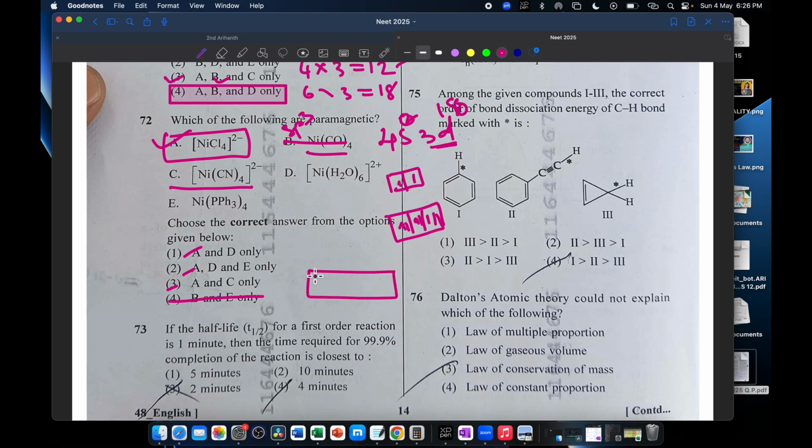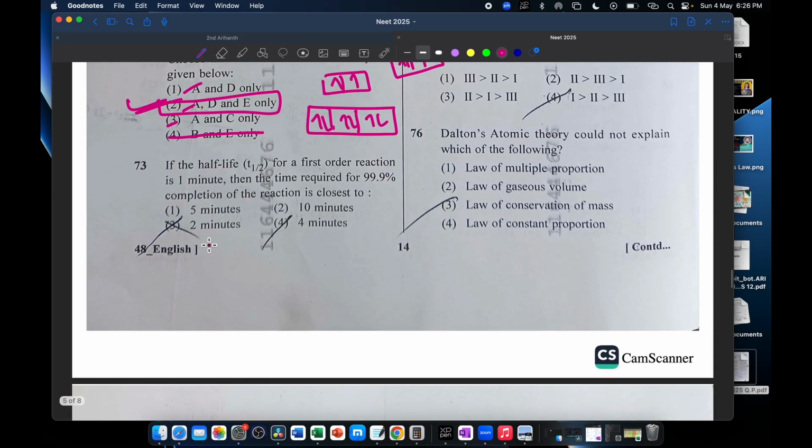Cyanide is a strong field ligand, right? So we have 8 electrons: 1, 2, 3, 4, 5, 6, 7, 8. Yes, it is also paramagnetic in nature. And D is also paramagnetic and E is also paramagnetic. A, D, E could be the better option, but we'll wait for the final key.